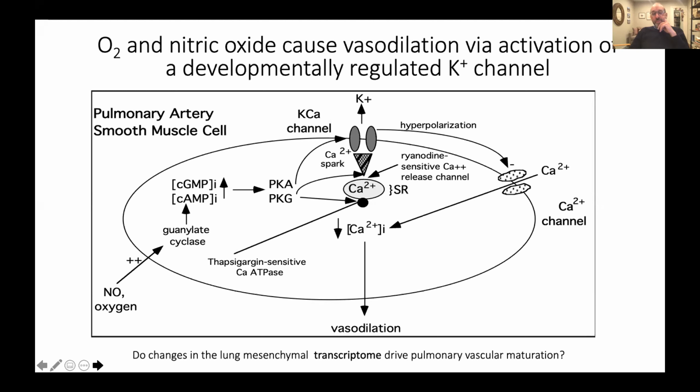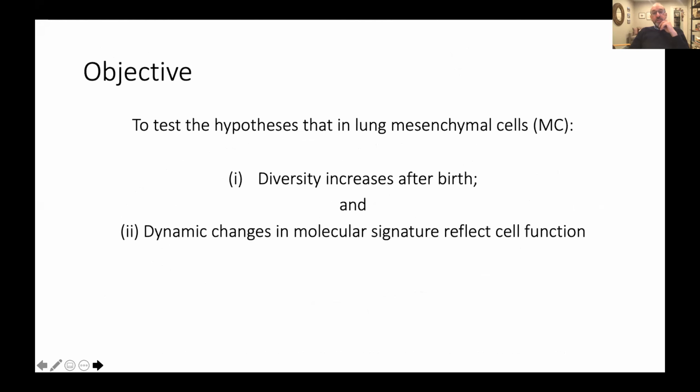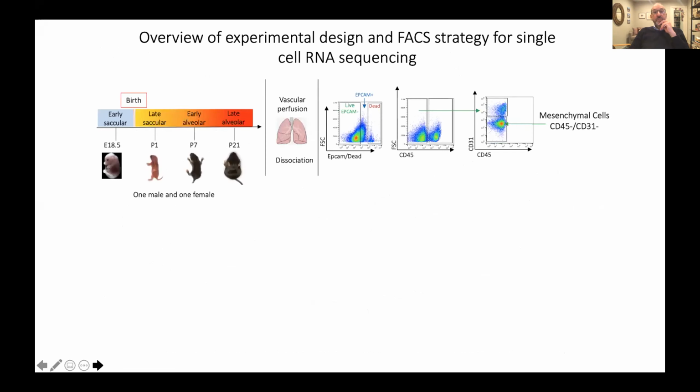So we've now, for the last several years, embarked on a project to test the hypothesis that these lung mesenchymal cells have a dramatic increase in diversity after birth, and that there's a change in the molecular signature that really determines cell function. So to test this hypothesis, we went ahead and used a relatively new strategy, though it's certainly not that new at Stanford, and that is single-cell RNA-Seq.